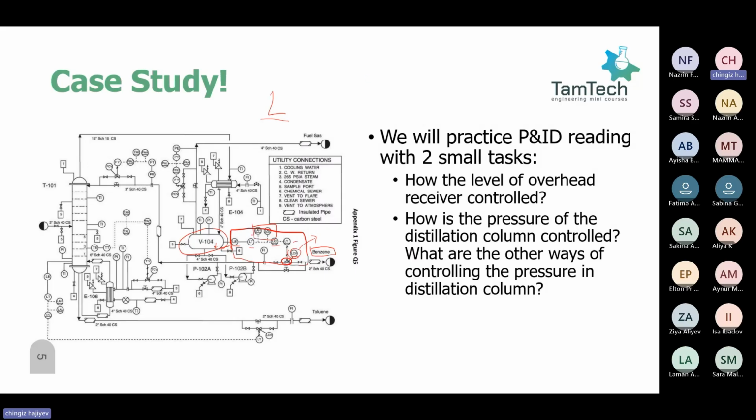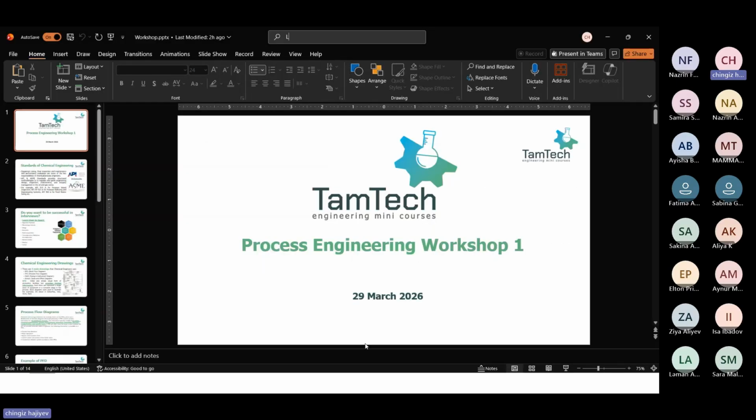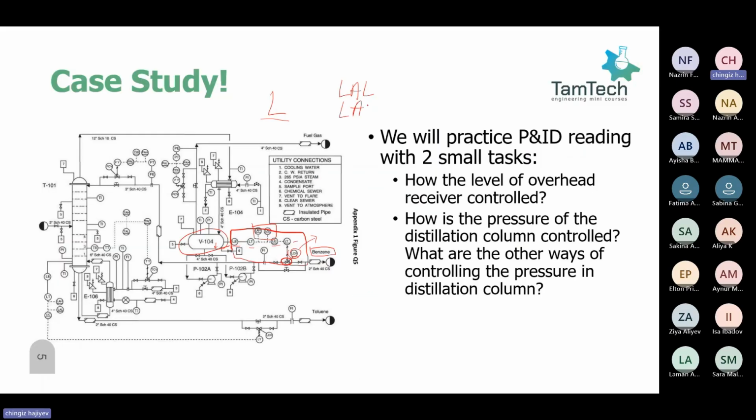Here you see we have LAH, which stands for level alarm high, and we have LAL, level alarm low. This is joint and connected for control, but it is mainly a safety measurement.